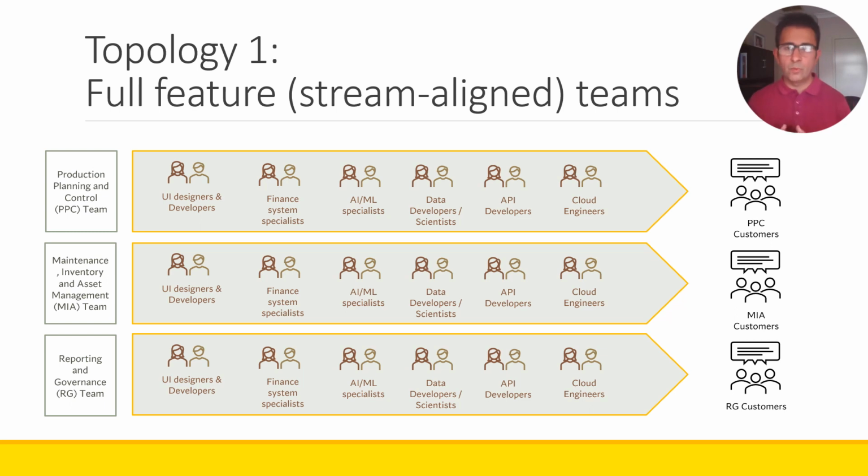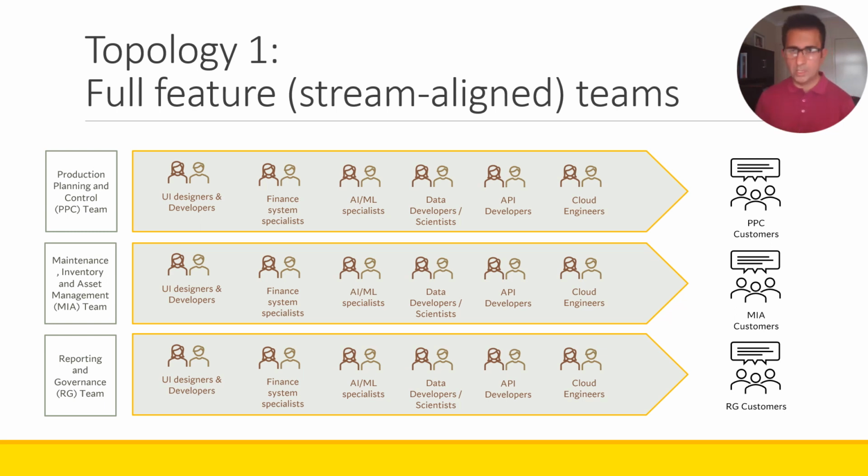We want them to have basically all the skill sets that they need. That's one thing, and the other thing is we want them to be working with the established group of customers directly. Now, how you pick those customers, the sky is the limit, right?